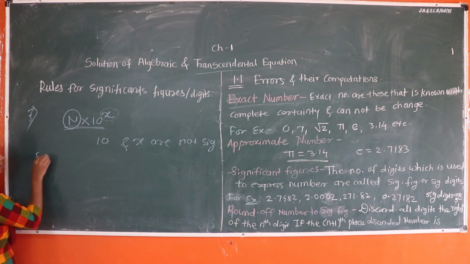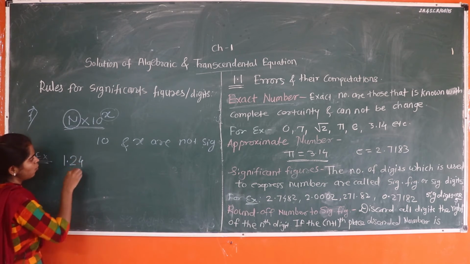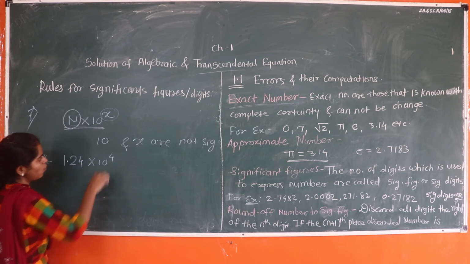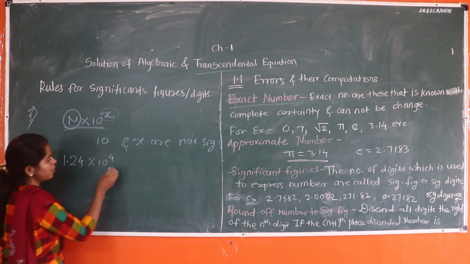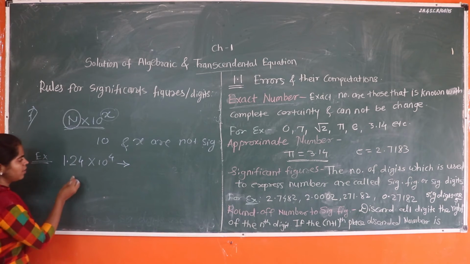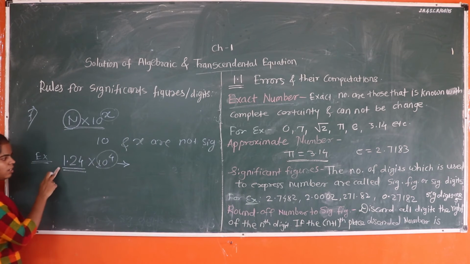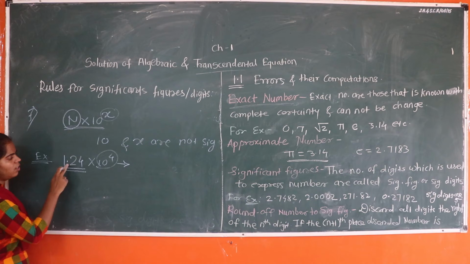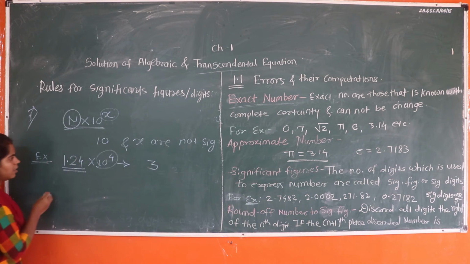For example, 1.24 times 10 raised to 4. The significant figures in this example depend on n, not the power of 10. So how many significant digits? 1, 2, 3. The significant figure count is 3.